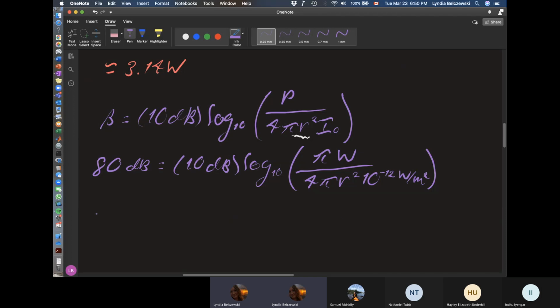Okay. So 80 divided by 10, we have 8 equals log base 10 of the stuff. We can simplify this stuff a bit. Sorry, it should be times 10 to the minus 12.